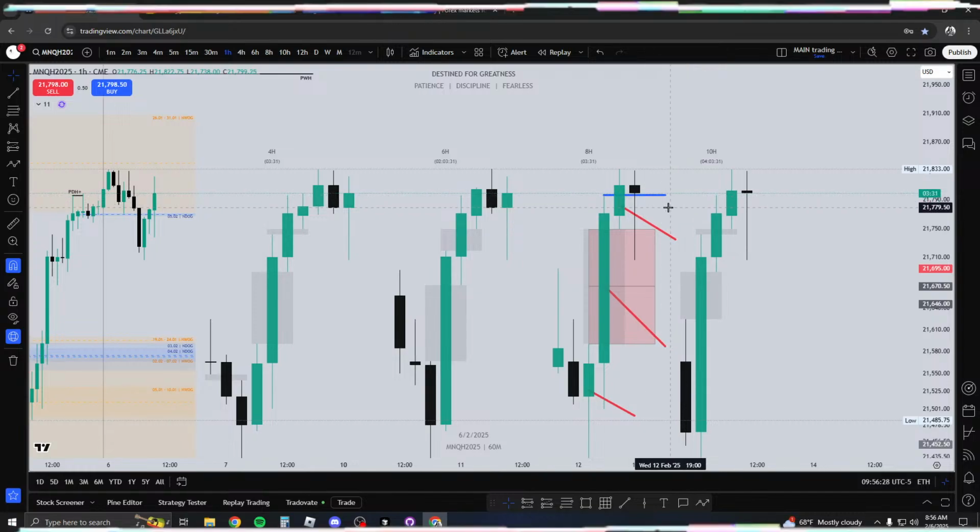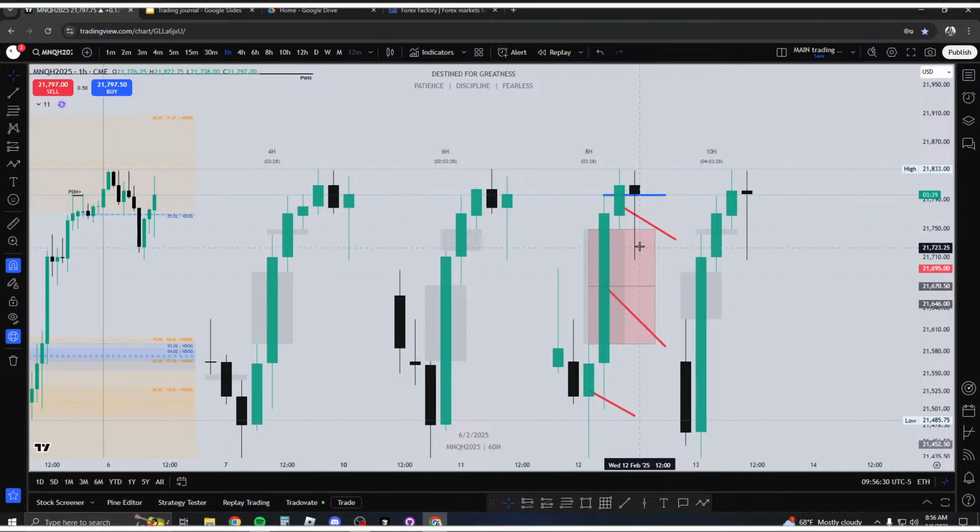But if we close above this blue line, then I would treat the fair value gap as a breakaway gap, meaning I don't want to see prices trade back into it. I'm just going to leave that blue line there as a visual representation.